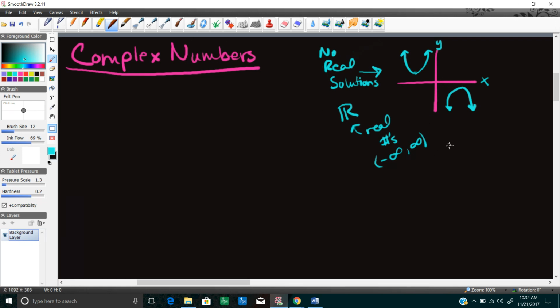Complex numbers have a different plane. We call those imaginary numbers, and instead of the R, it looks like a fancy C, kind of like this, I believe. Without going into too much detail, it's pretty much a different number system. Think of it as an alternate universe, the polar opposite of real numbers.